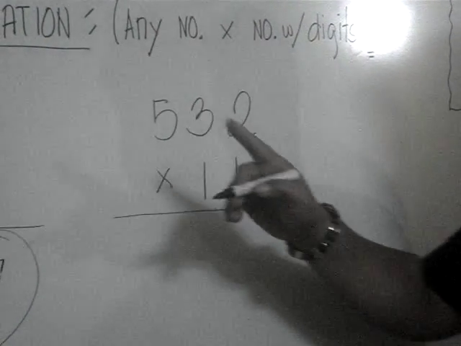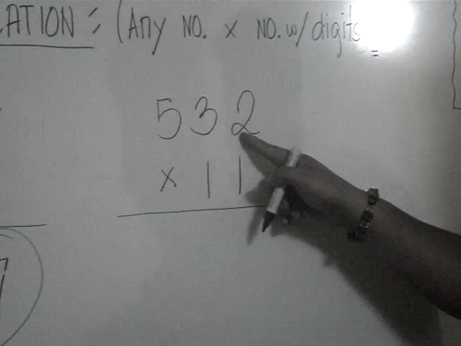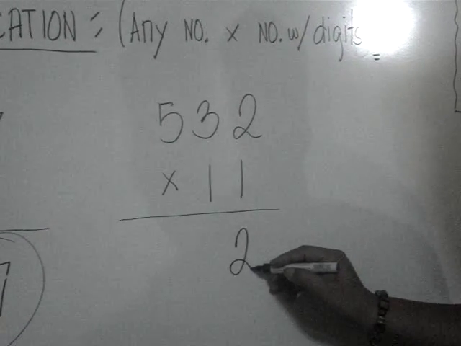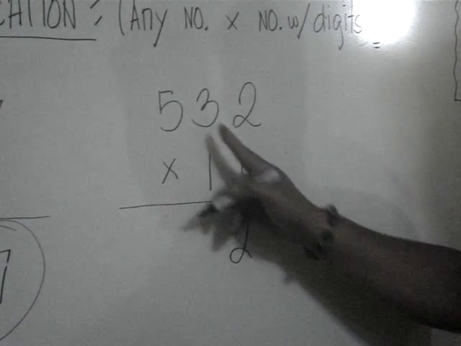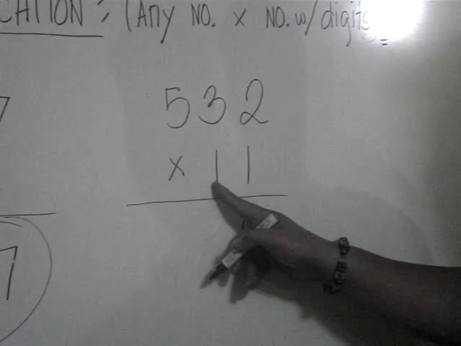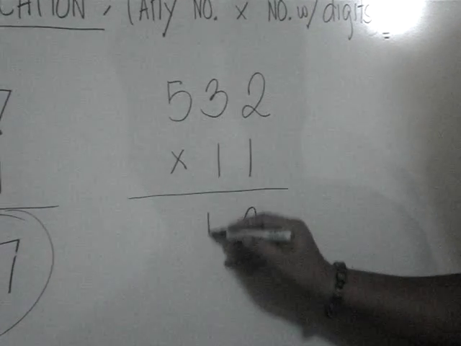Then the same procedure, from right to left. First take one number, 2. Then consider the two digits here, which correspond to the number of 1s in our multiplier. If you add, this will give you 5.